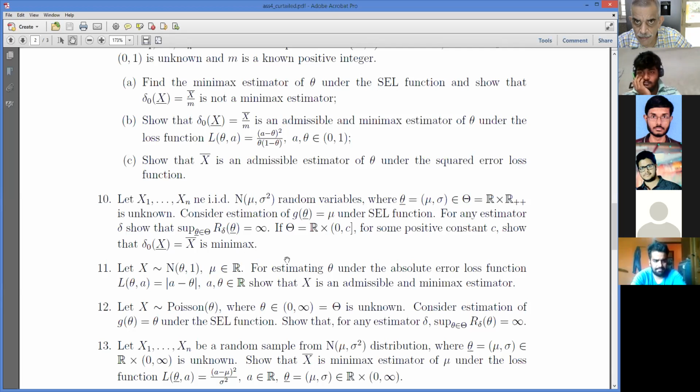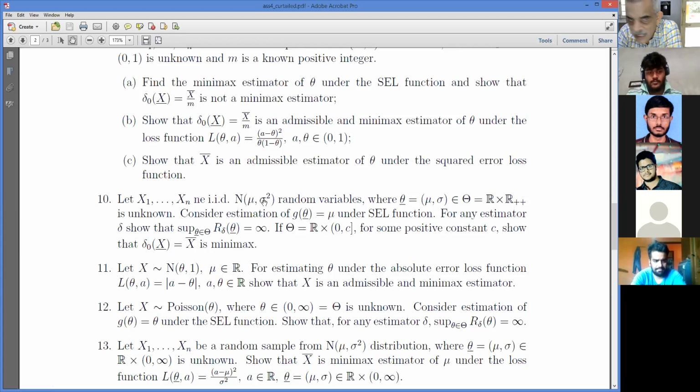If you take the prior to be mu naught and tau naught square, it turns out to be something in terms of mu naught. Now you can take mu naught going to infinity and tau naught suitably, so that everything goes to infinity. So what you get is that the supremum of r delta theta would always be greater than or equal to infinity. That means it would be exactly equal to infinity. That is one way to do it. The other way to do it is, I first fix sigma naught square.